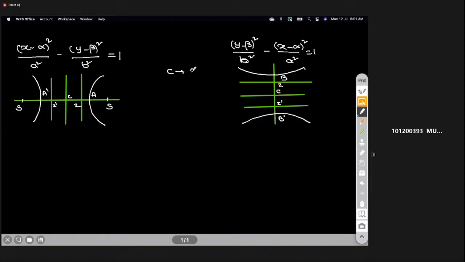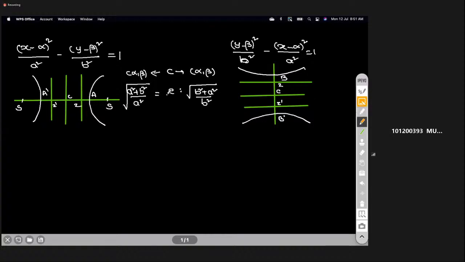Center, this is alpha comma beta. Here also it is alpha comma beta. Eccentricity, this side, is b square plus a square by b square. Here, this side one, a square plus b square by a square.